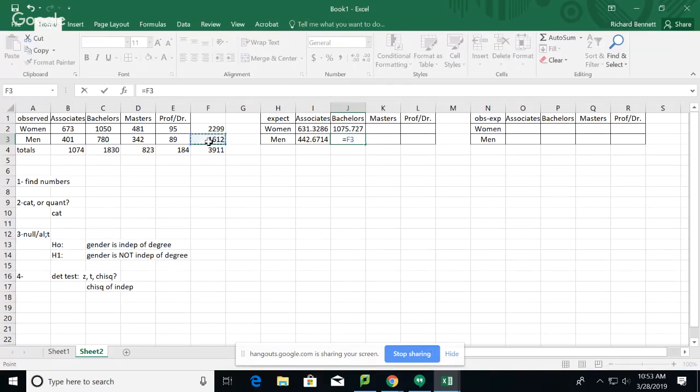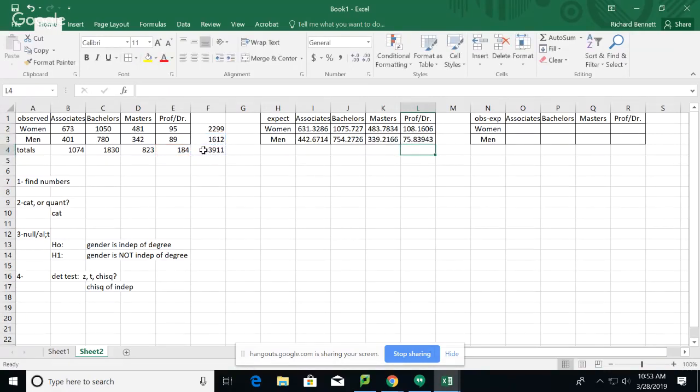Row 2 times column 2 divided by the grand total, row 1 times column 3 divided by the grand total, row 2 times column 3 divided by the grand total, row 1 times column 4 divided by the grand total, row 2 times column 4 divided by the grand total.